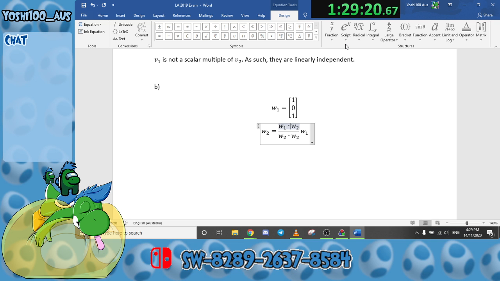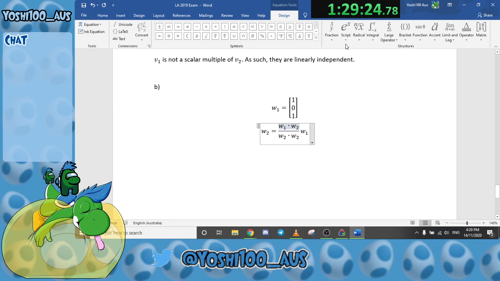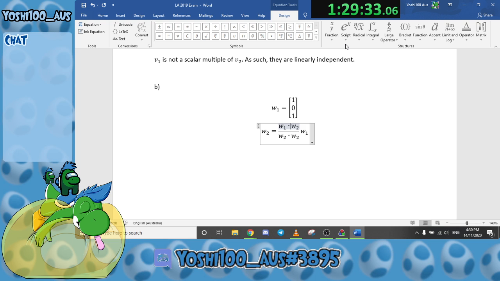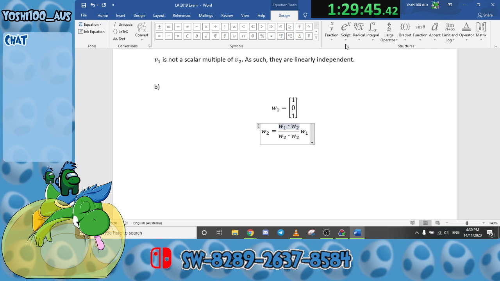Where are my notes for the actual... Oh my gosh. This is me doing the process, right? Where is the actual formula? Am I blind? I'm not blind. Maybe I never wrote the formula down. That would be a bit of a problem.